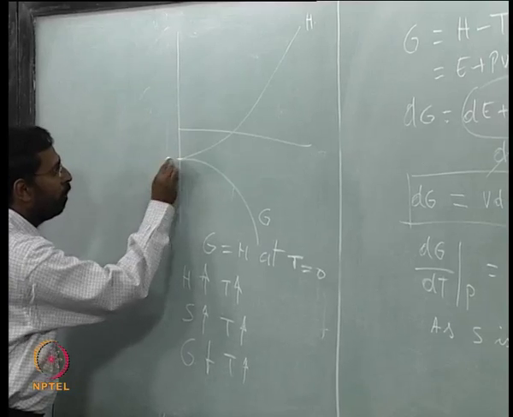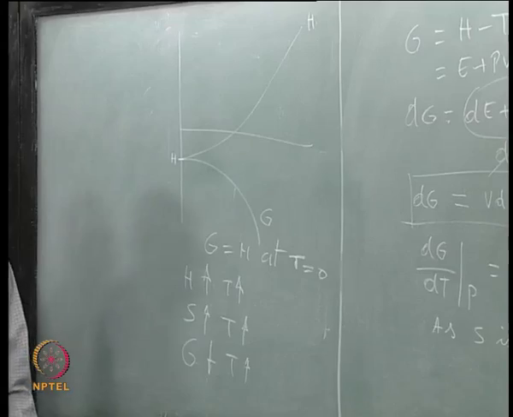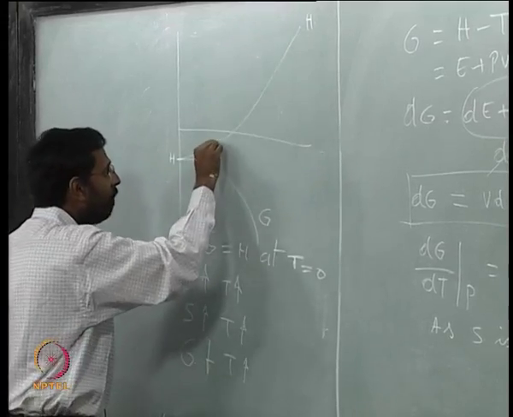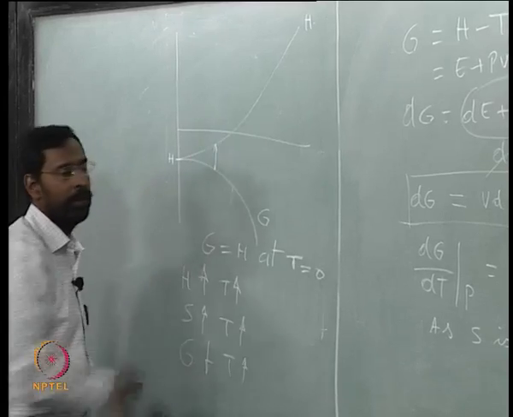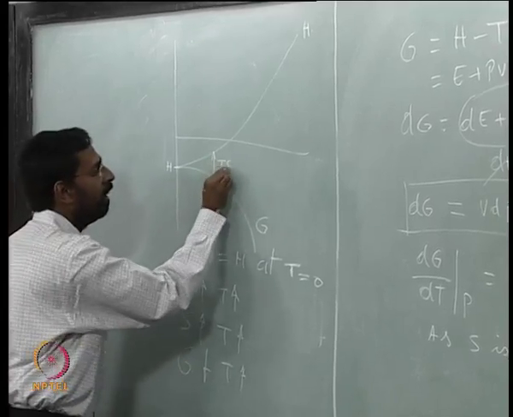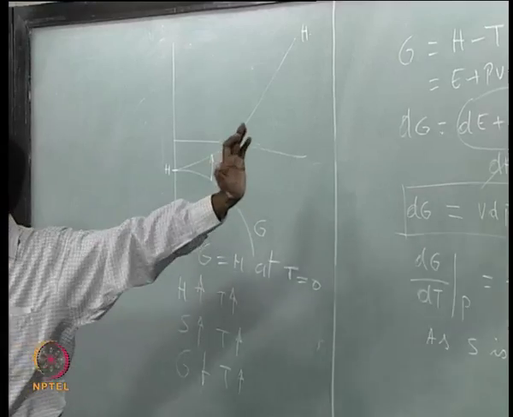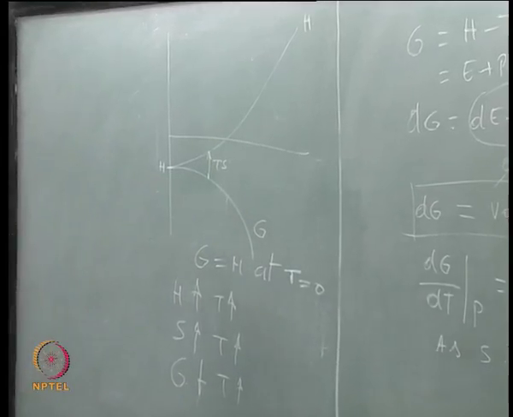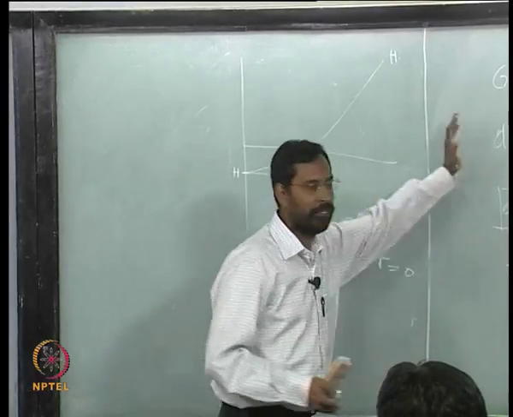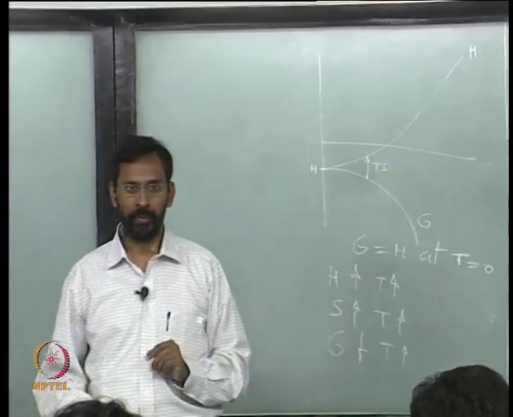At absolute zero this is the H value, and this is increasing whereas this is decreasing, and this difference between these two is what? TS, very easy. This difference keeps on increasing as we go to higher and higher temperature. That tells you that both T is increasing and S is increasing, as a result the difference keeps on increasing. So in principle we can plot like this.